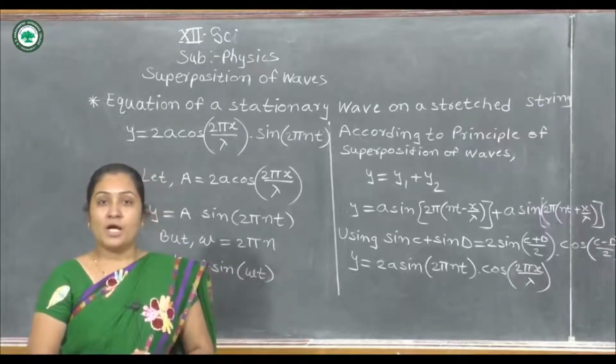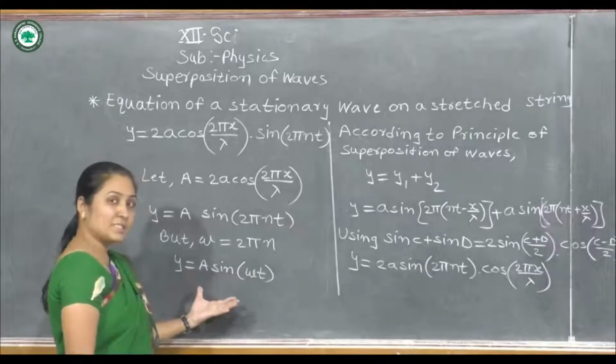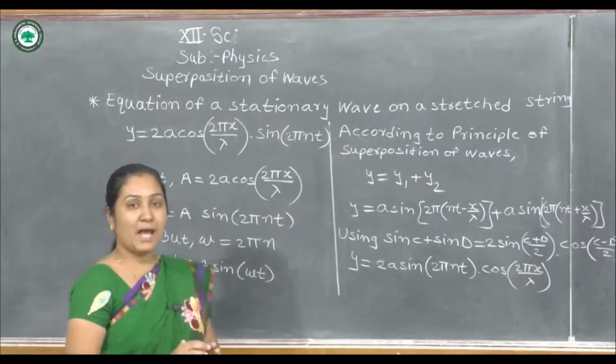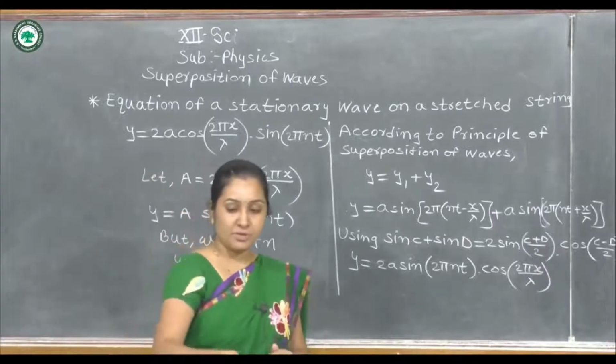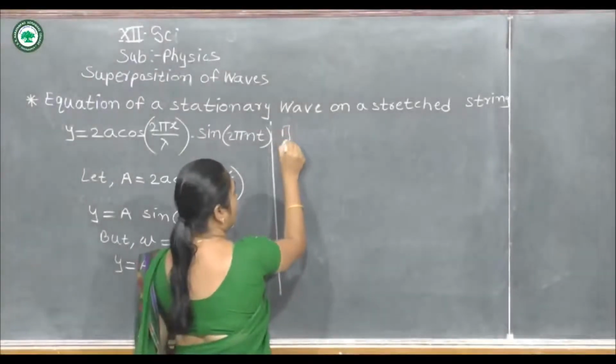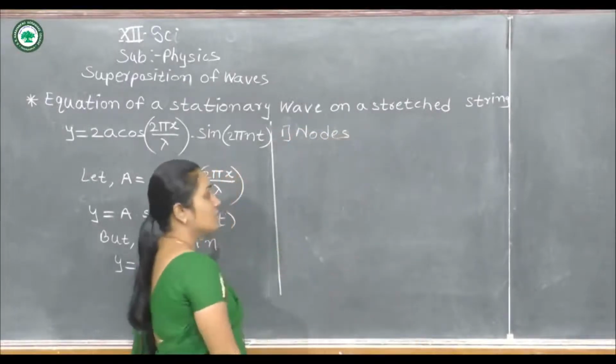Now we are going to find the different nodes and antinodes, that means the values of displacement at different points. For that, consider first the nodes.